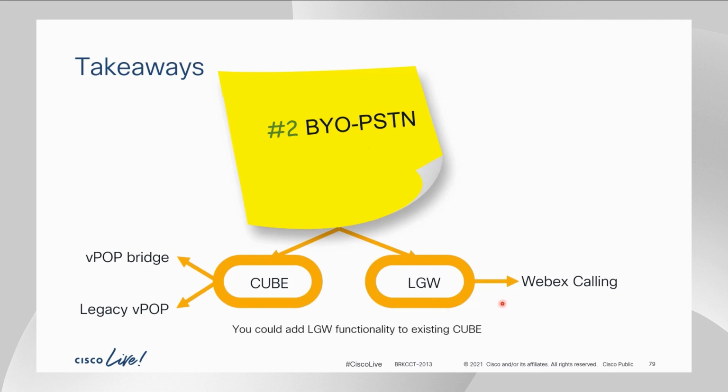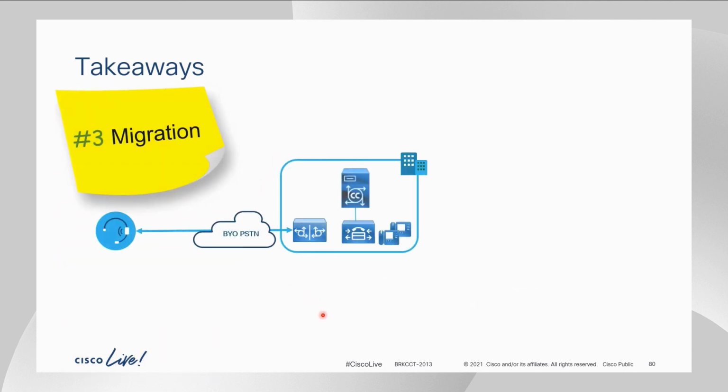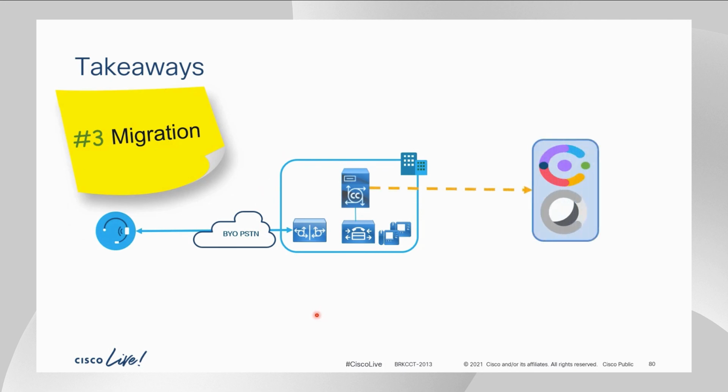Remember, you can convert an existing Cube into a local gateway as well if you have the capacity and the right set of configuration on it. And finally, when it comes to migration, my recommendation is to map your components, Contact Center UCCX to the new Webex Contact Center, PBX Unified CM to the Webex Calling option.